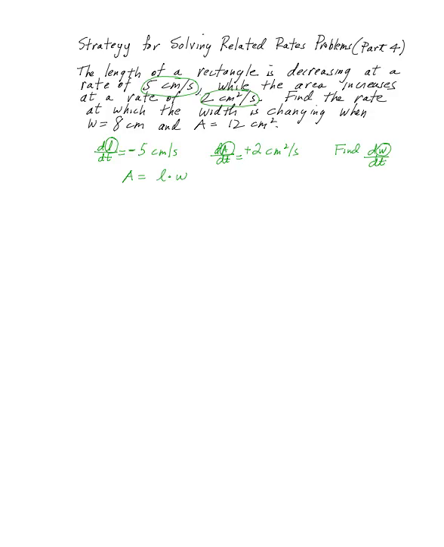Step 3, take the derivative of both sides of this equation from step 2 with respect to time. I've often seen students think that they have to solve A = L times W for W, since I'm trying to find the derivative of W with respect to t.